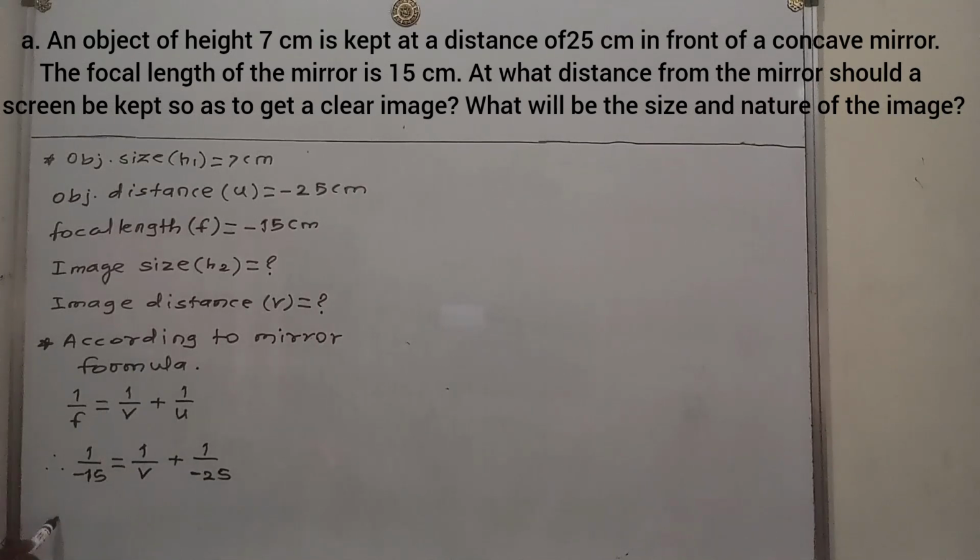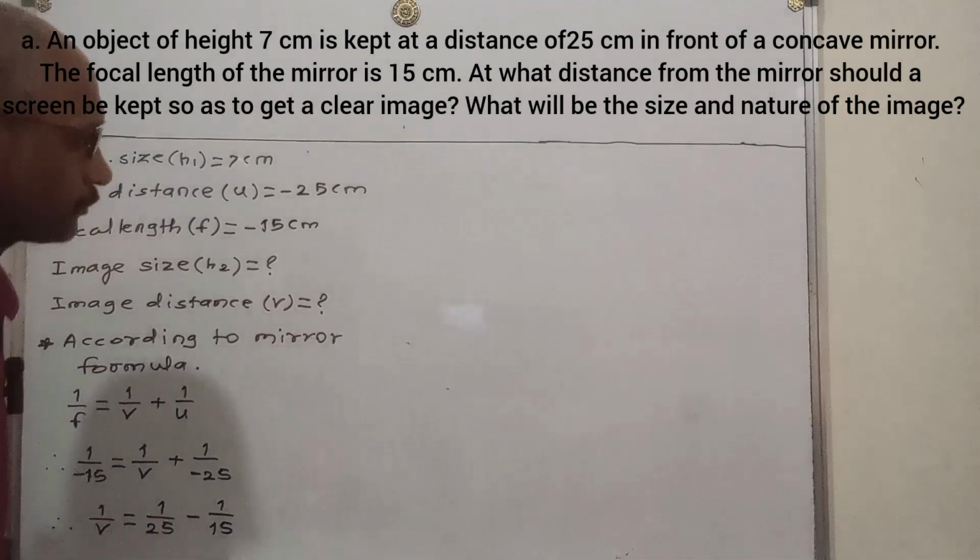Okay, therefore take this to the left side or to the right side, but we take this to the left side. 1 upon v. See this, we take this here, minus becomes plus, and this is already minus.